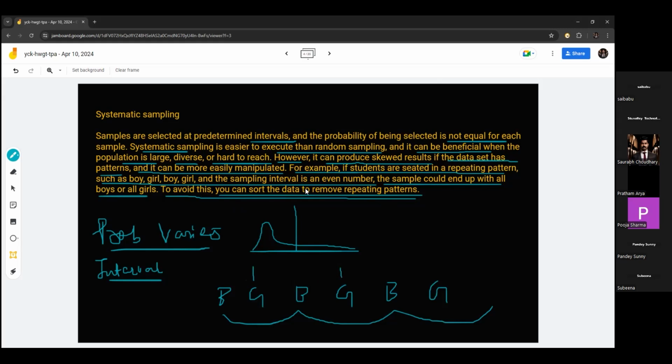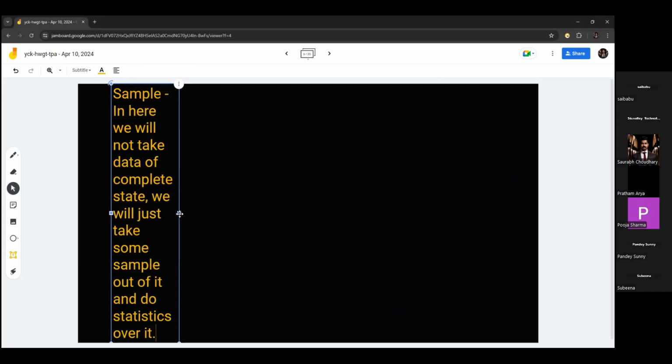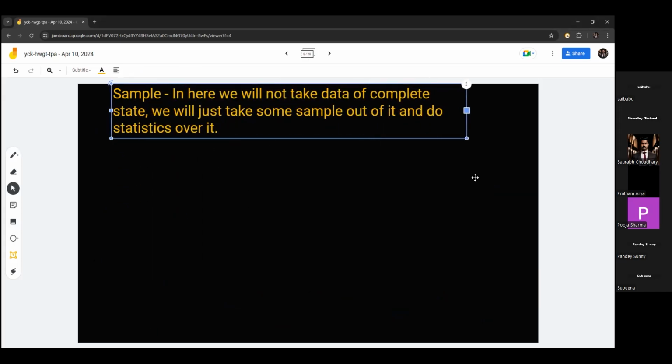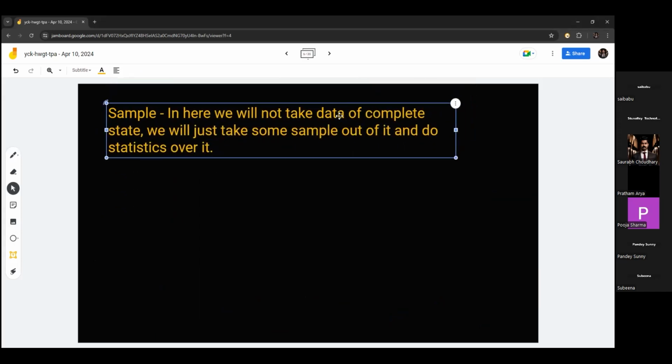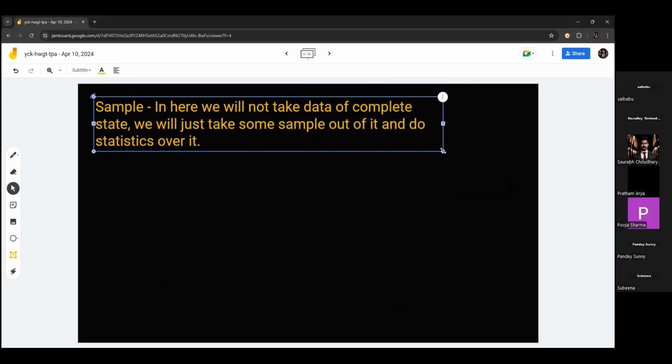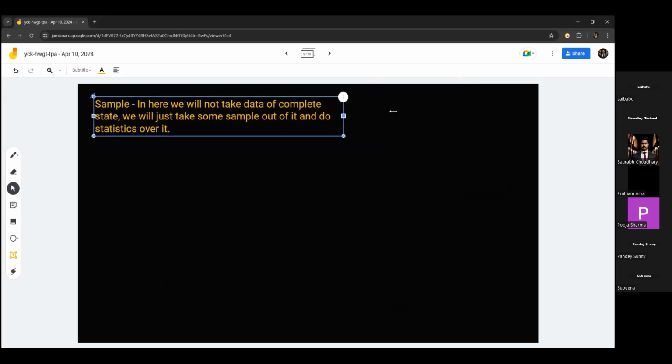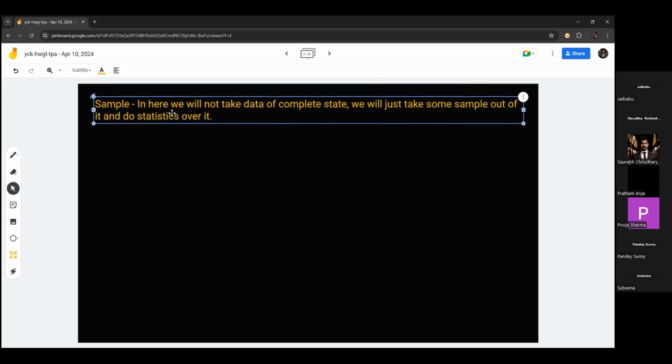All right. Then we have the definition of sample. What is a sample?